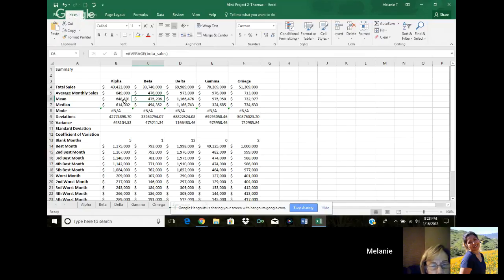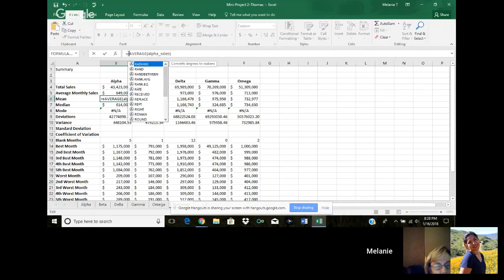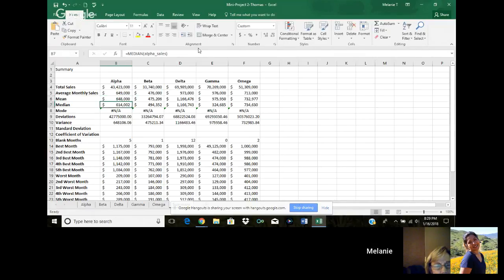So the mean will be like the average of cells then, because if I round this up to the thousandths, it's going to be the exact same number. Close. Oh, close. Why isn't it the same then? Because it's the same formula.